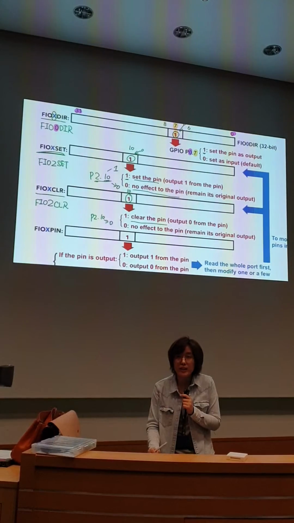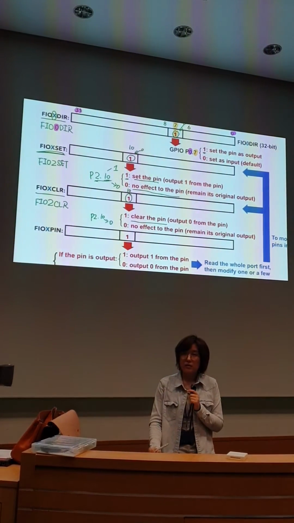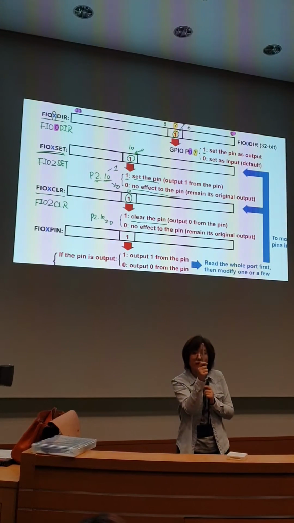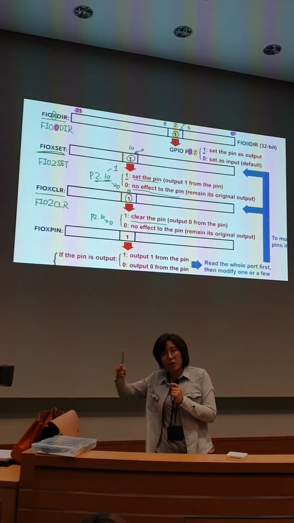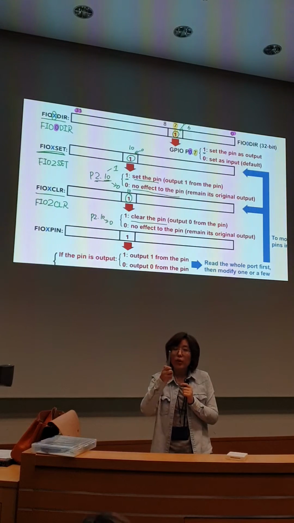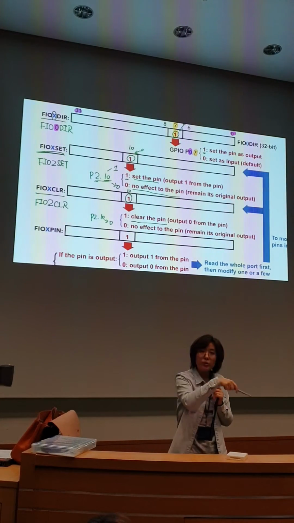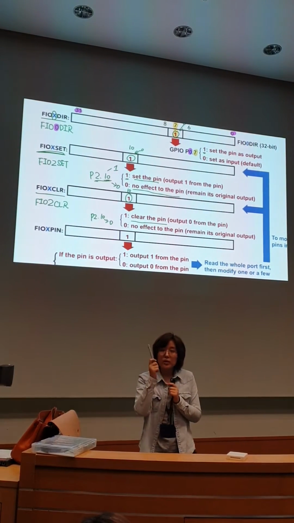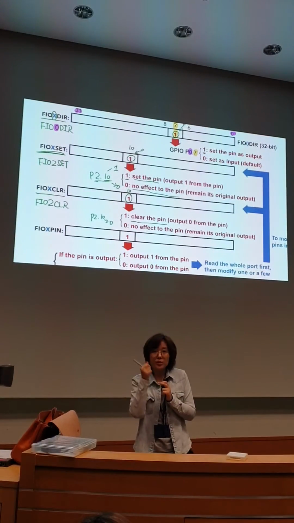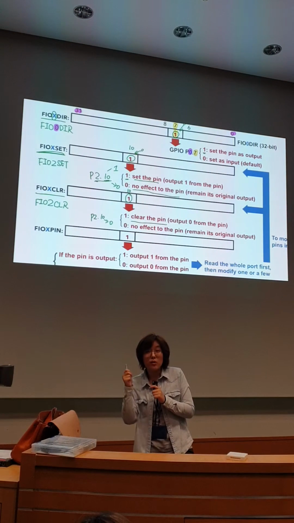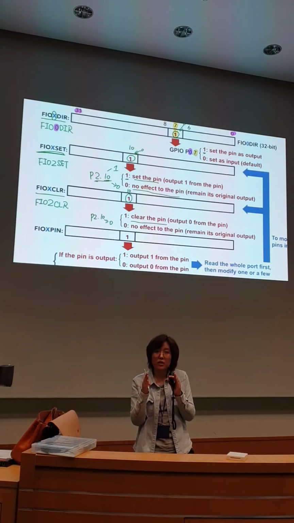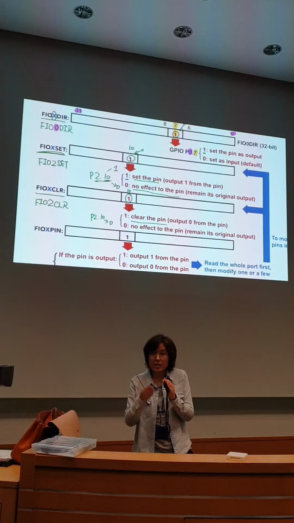That's why we call this register the clear register. So basically we are controlling this single pin by multiple registers. If you want to output 1, you need to go to the set register. But if you want this one to output 0, you need to go to the clear register. So we have 2 different registers to set or clear the same pin.